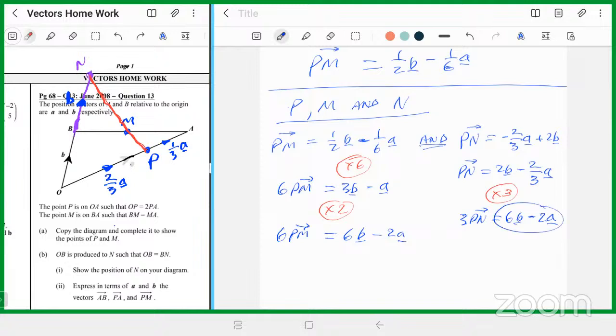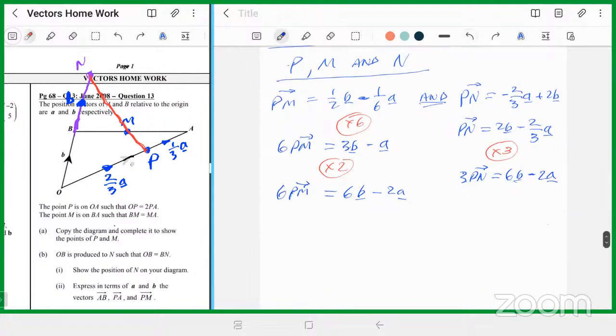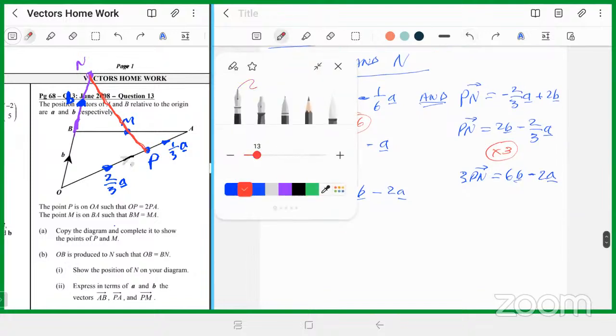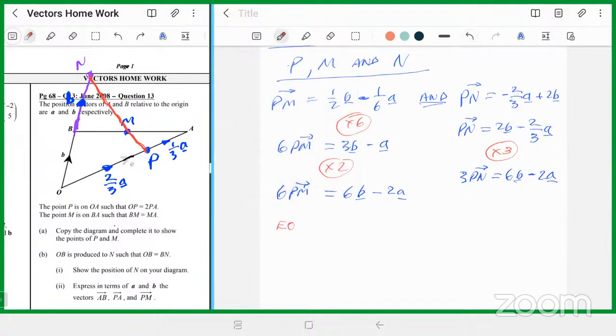Same as this now. Now that those two are the same, I can equate these. I equate those to work it out in the end. So I'm going to equate next, because the two of them equal the same thing.